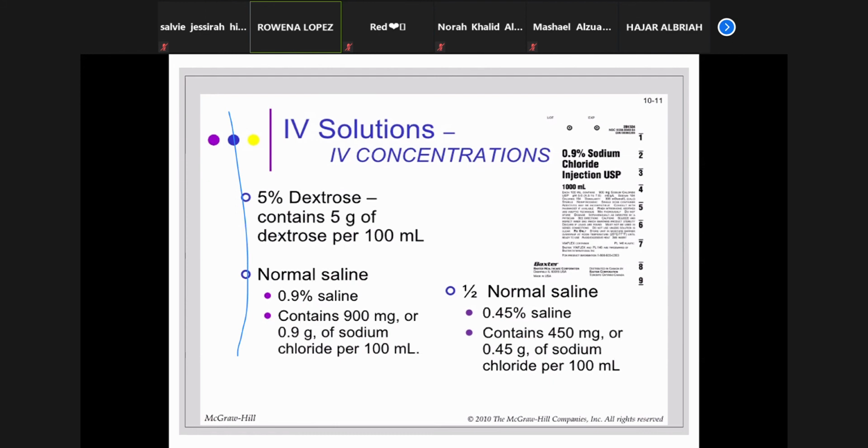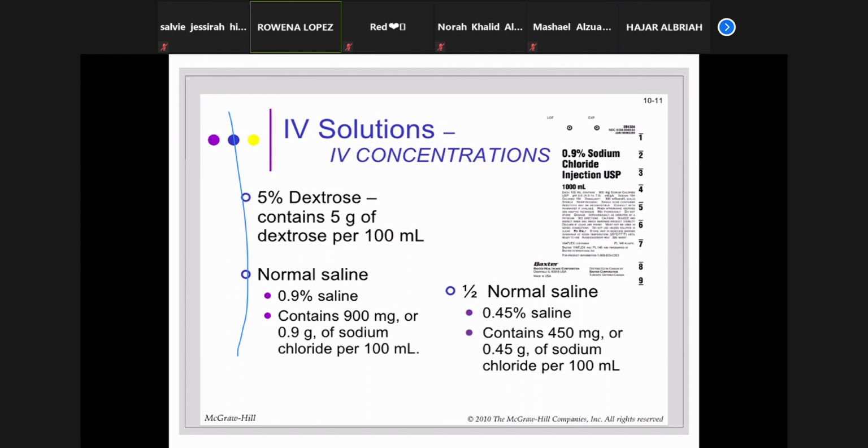So that means we have 0.9 grams times 5, which is 4.5 grams, or 900 milligrams times 5, so 4,500 milligrams of sodium chloride available in the 500 ml of NS.